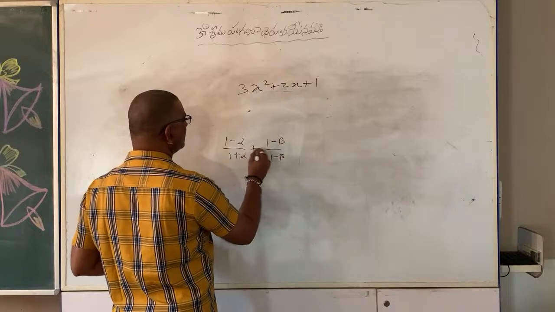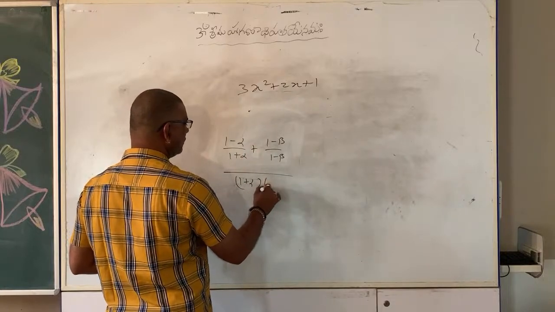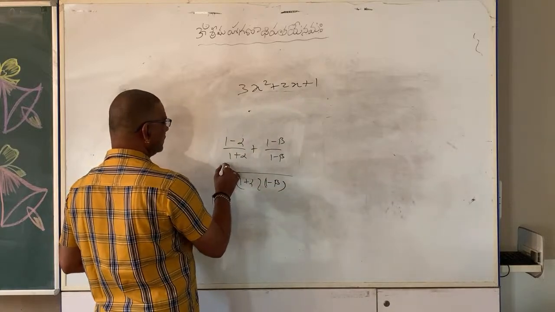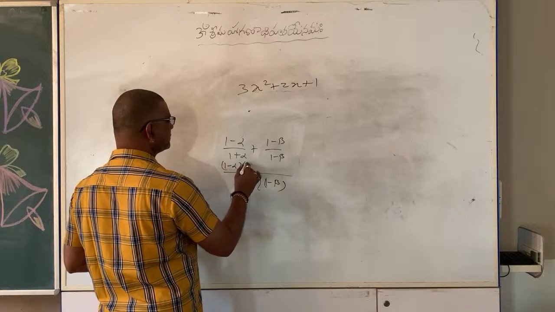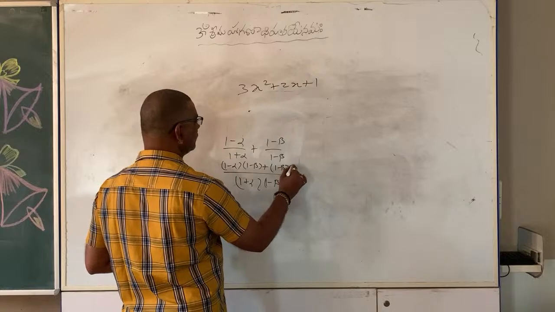First find sum of zeros for this one. 1 plus alpha into 1 minus beta. Here 1 minus alpha into 1 minus beta plus 1 minus beta into 1 plus alpha.